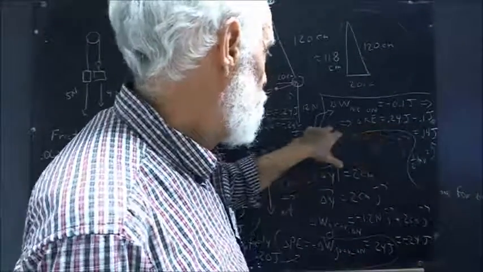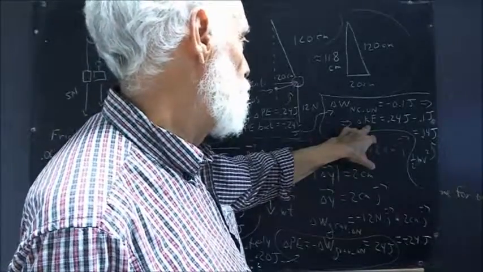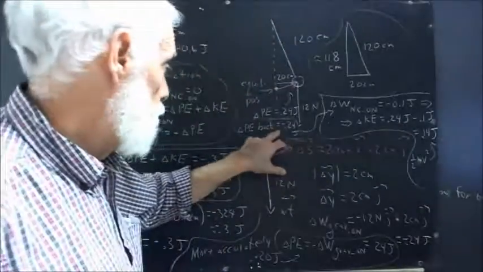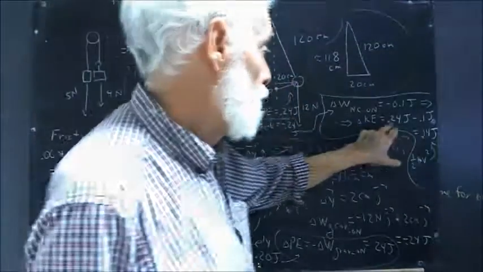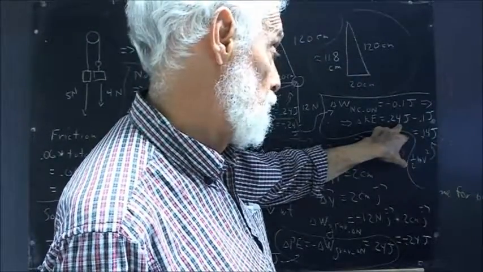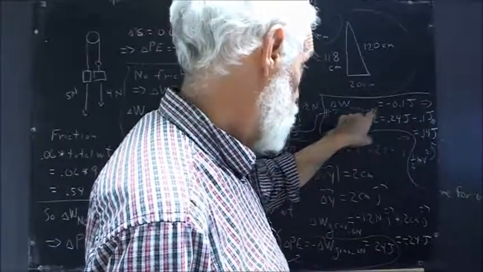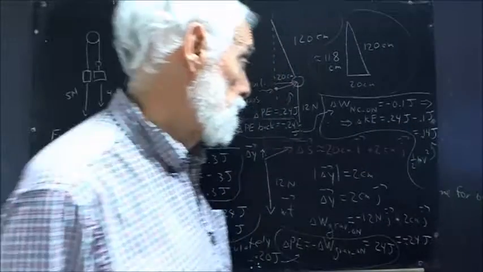In this case, and you should be able to fill in the dots now, the change in kinetic energy is going to equal the negative of the change of potential energy. Change of potential energy swinging back here is negative 0.24 joules. So the negative of the potential energy change is going to be plus 0.24 joules, minus the 0.1 joule, the non-conservative work done on the system, the work done by the air resistance.